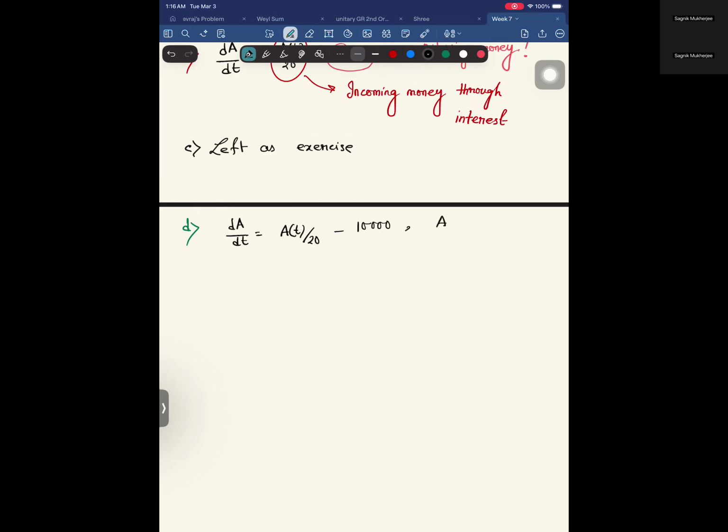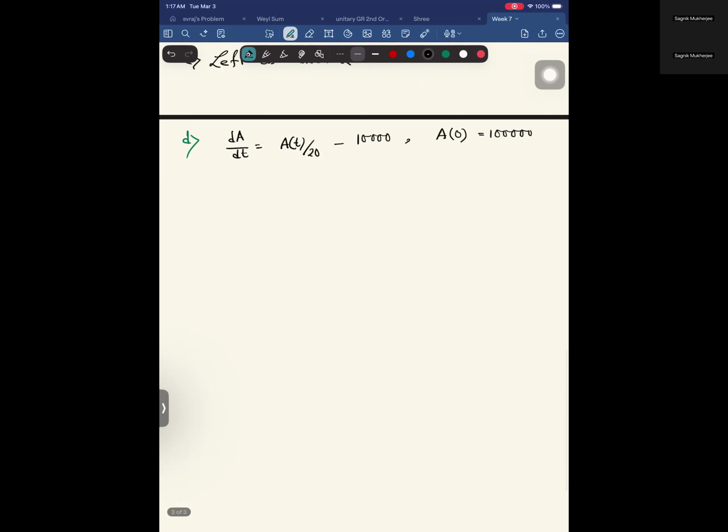However, now there is an initial condition saying that A(0) is 100,000, right? So the question is, for what t is A(t) equal to 0, right?